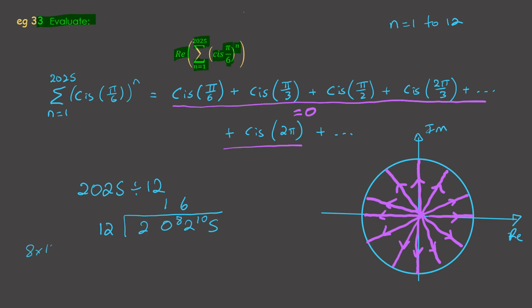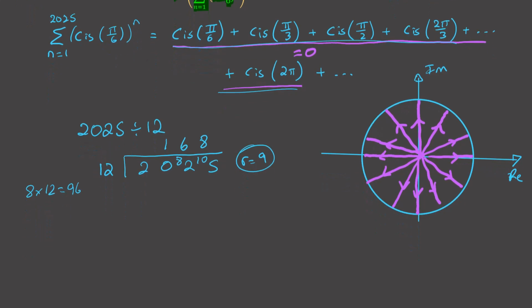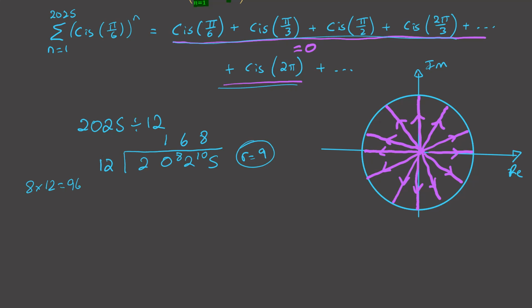And 8 times 12 is equal to 96. So this goes in 168 times with a remainder of 9. So we're going to have loads of these in batches of 12 that sum to 0. And then we're going to have 9 of them left at the end.